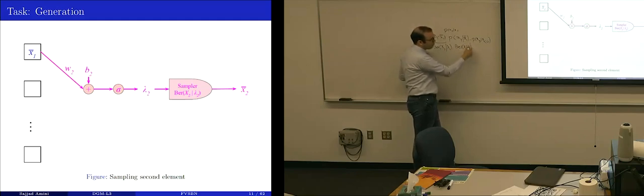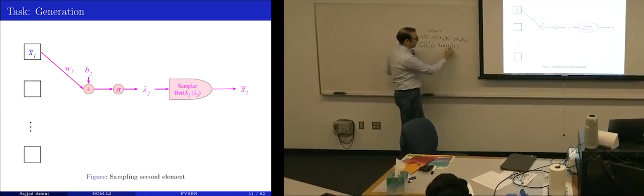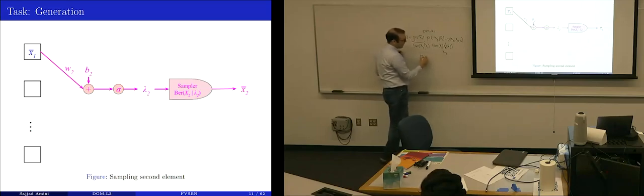You know that lambda 2 is a function of x bar 1, and consequently, you can generate a sample from this distribution, and you call it x bar 2. Sorry, I made a mistake about the notation sometimes. Okay. So x bar 2 is generated. x bar 1 and x bar 2 are simultaneously used to characterize the distribution over the third element.